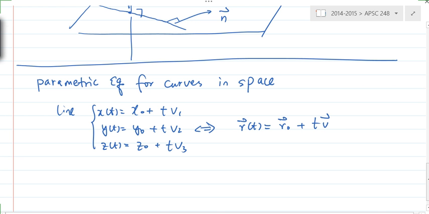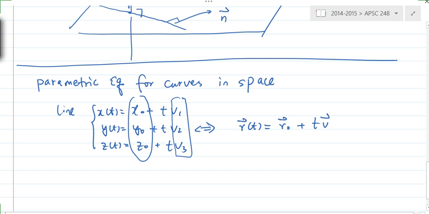When we learned the line equation, I specifically said this is a parametric equation because it is in terms of the parameter t here, right? You can change the t to anything else. So the line equation is a parametric equation already. In short, the line equation can be written in this format, where r naught is this vector and v is this vector.